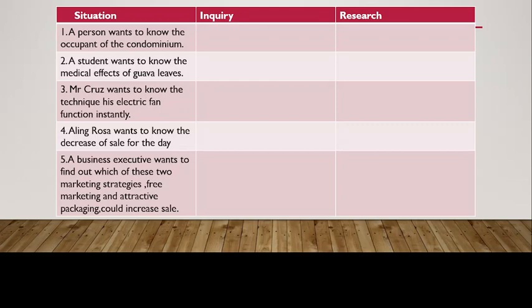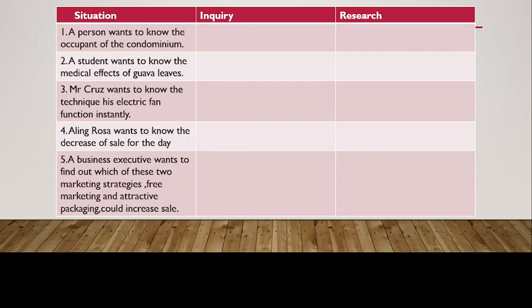You are just going to check the corresponding column of your answer. So we have there 3 column headings: situation, inquiry, and research. If it's an inquiry, you just check under inquiry. And if it's a research, just check on research.